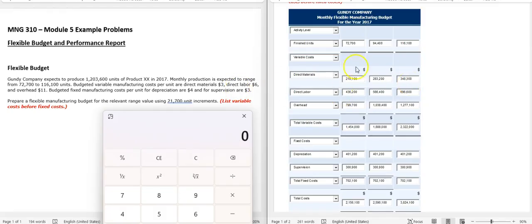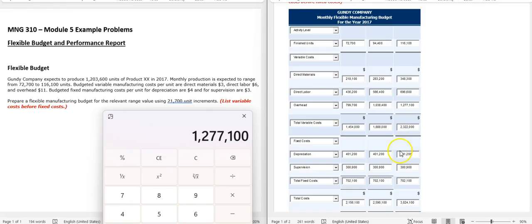Direct labor will be 116,100 times $6 per unit variable cost, $696.6. 116,100 times the $11 overhead cost per unit, budgeting $1,277,100 for overhead cost. Total variable cost for an expected level of production of 116,100 is $2,322,000.